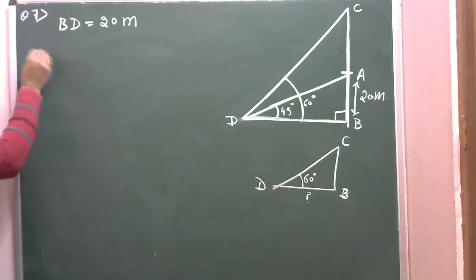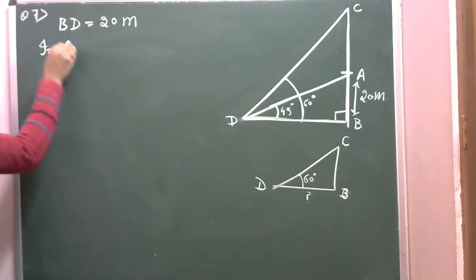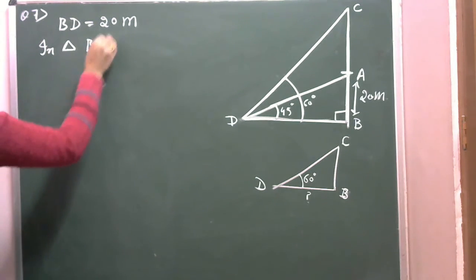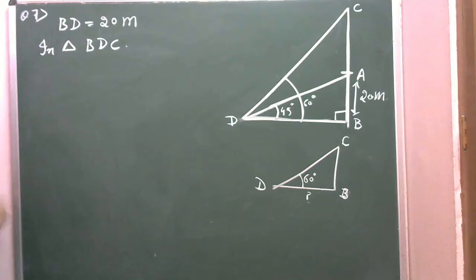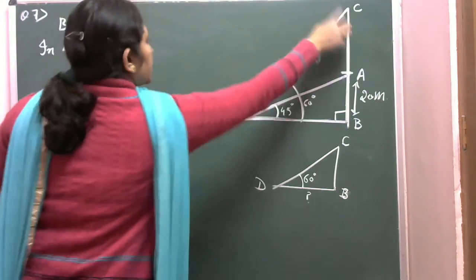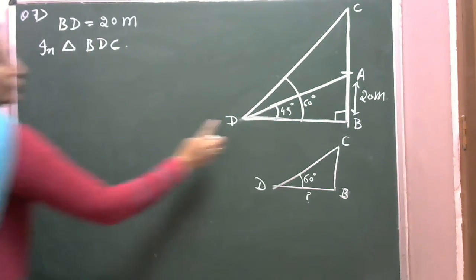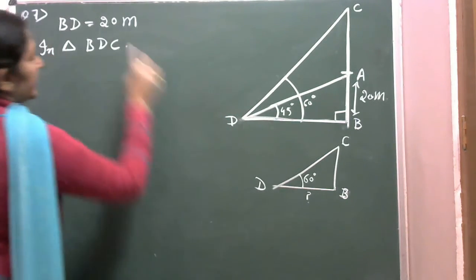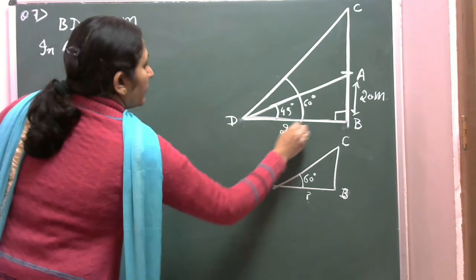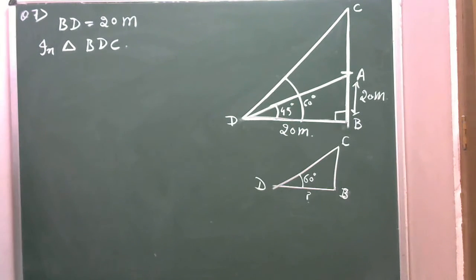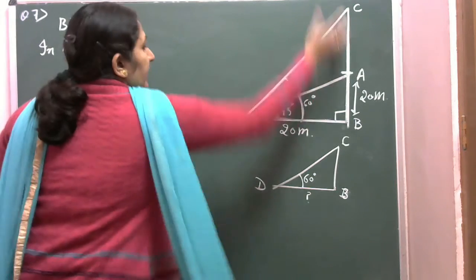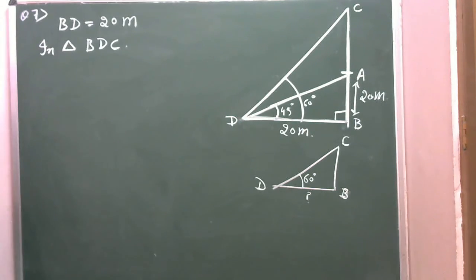So here in triangle BDC, bigger triangle BDC, what will be there? You know the BD, that is base. Now it is 20 meter. So which relation will you use? Perpendicular, again perpendicular over base, tangent of 60 degree.